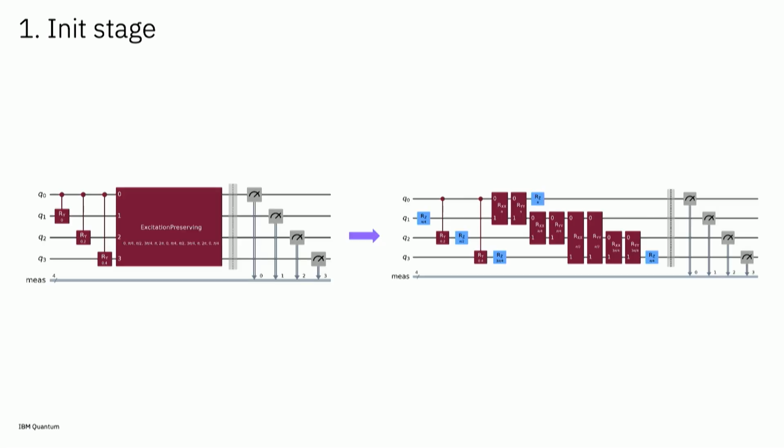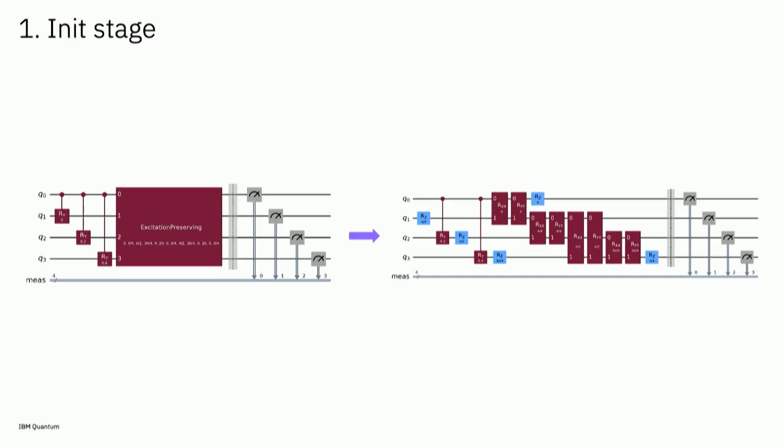And so what this does when we run the init stage is, if we're looking at the same circuit, the excitation preserving block with these controlled RY gates in the beginning, and if we run the init stage, we go from this circuit to that circuit. And you can see the most obvious thing here is that that block is gone, and now we have 1 and 2 qubit gates. That's basically the job of init.